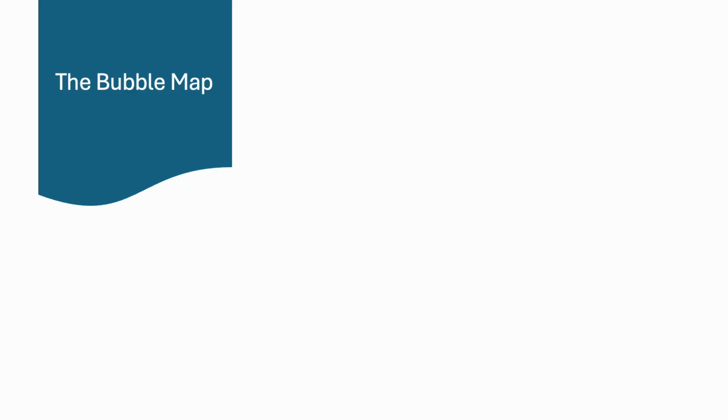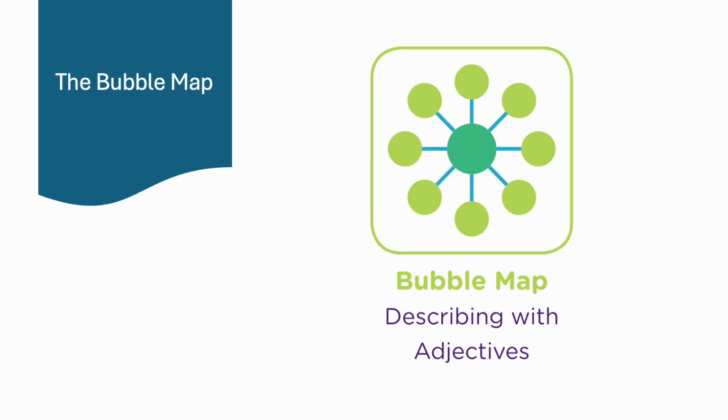Okay, let's move on now to the bubble map. The bubble map, as you can see, deals with describing and the use of adjectives. Just like with the circle map, there are some key questions that we need to consider when using the bubble map. For example, which word best describes blank?